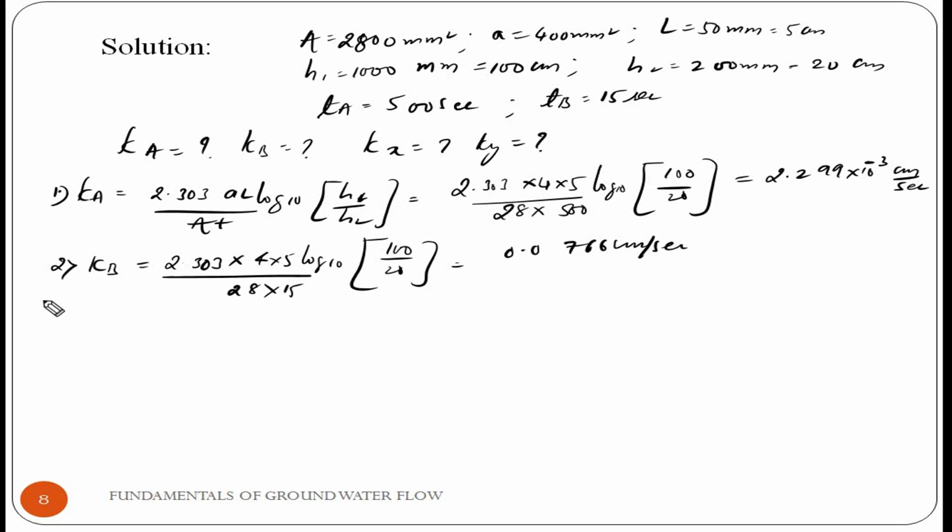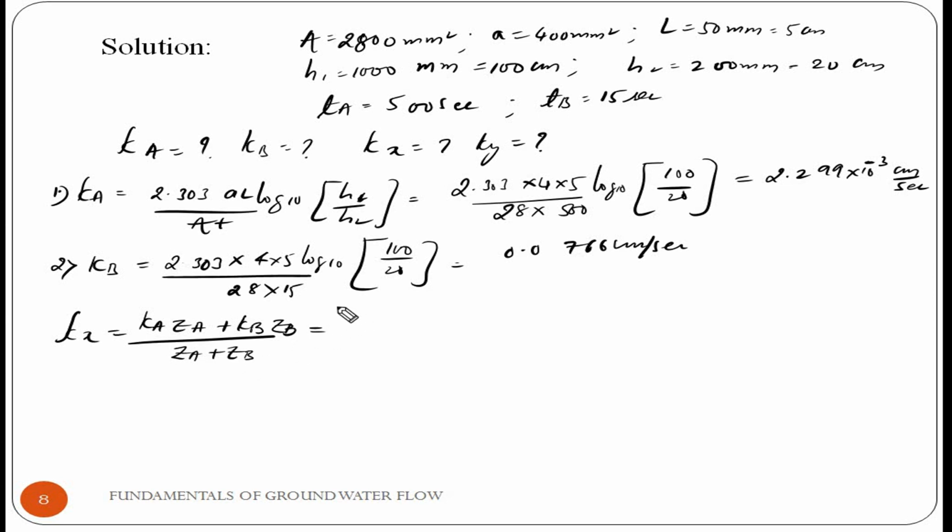So now we have to calculate the average coefficient of permeability, parallel and perpendicular. So for parallel we are taking Kx, it is KA ZA plus KB ZB divided by ZA plus ZB.